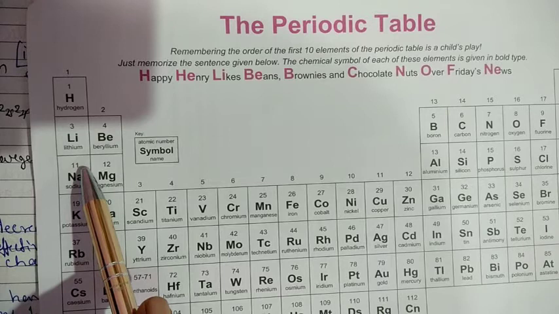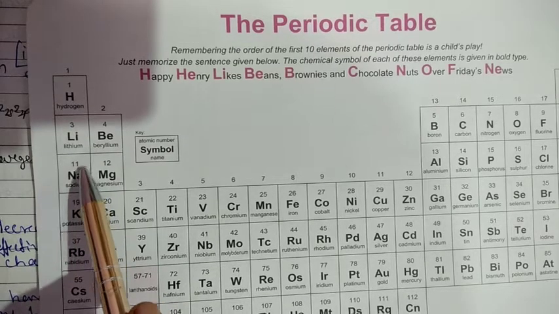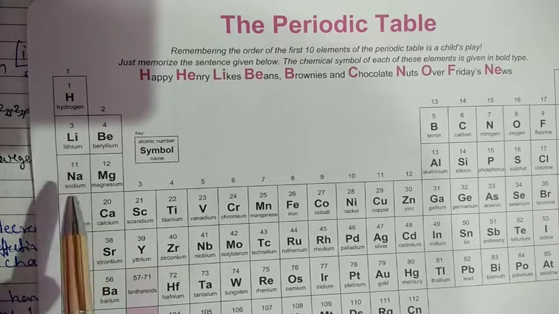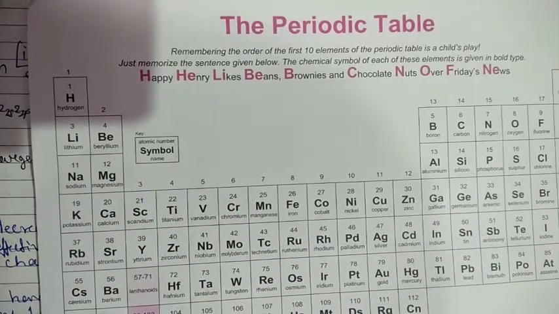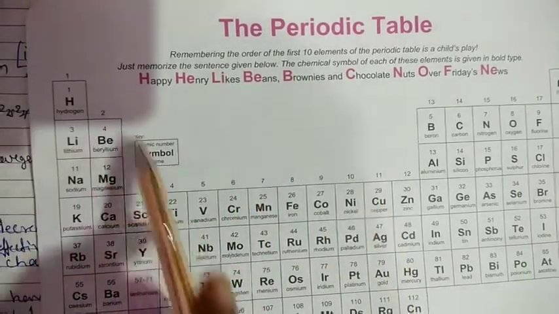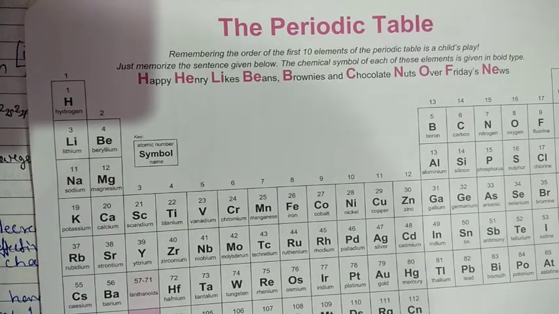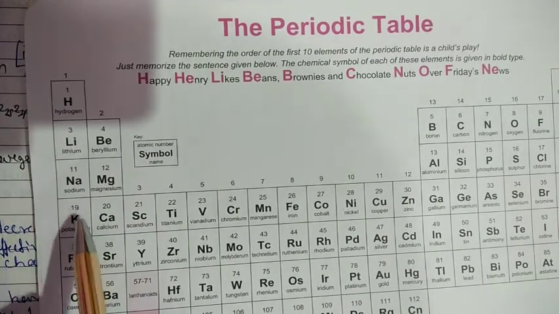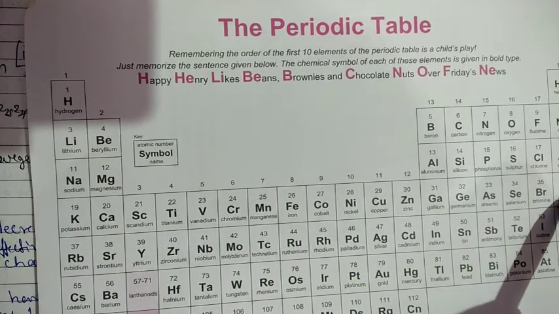So their ionization enthalpy increases left to right and decreases down the group. If we go down the group in the periodic table, ionization enthalpy decreases, and if we go left to right across the period, the ionization enthalpy increases.